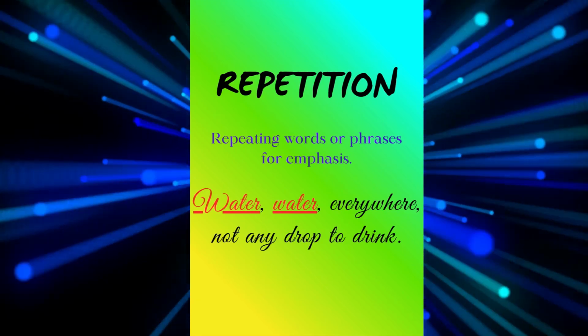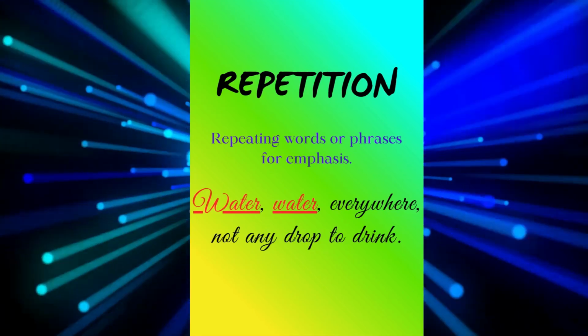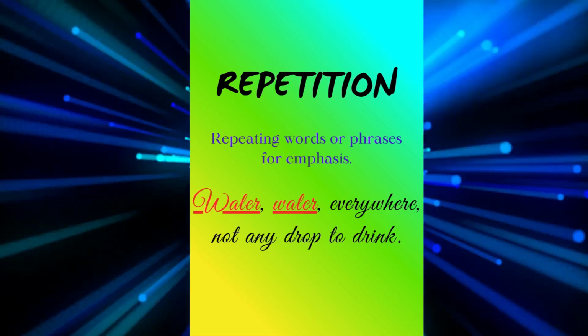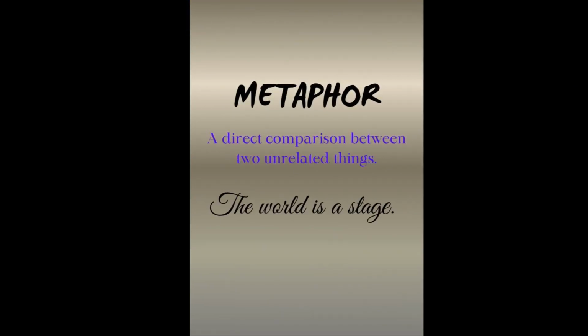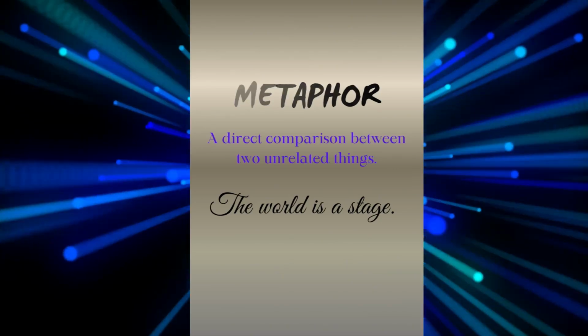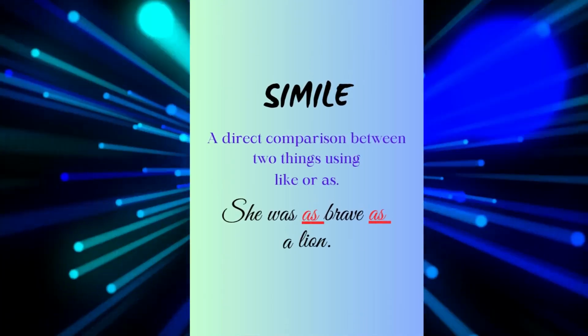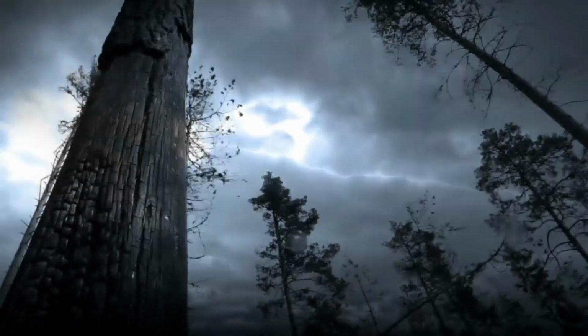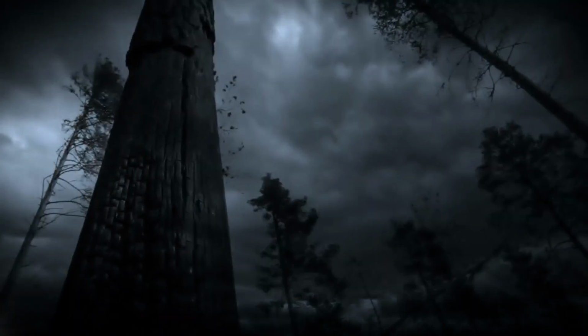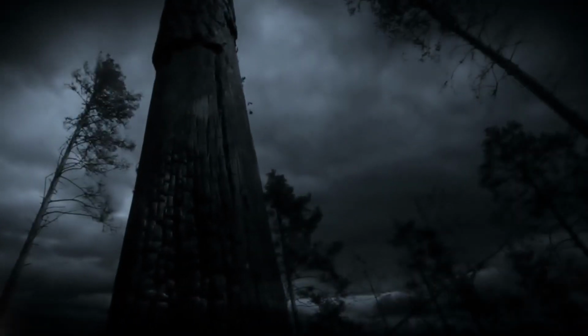If the literary device is repetition, it shows emphasis, strong emotions. If the literary devices are metaphor or simile, it reveals deeper emotions. Let's look at an example. If a poet compares life to a journey through storms, the tone may be struggling or serious.